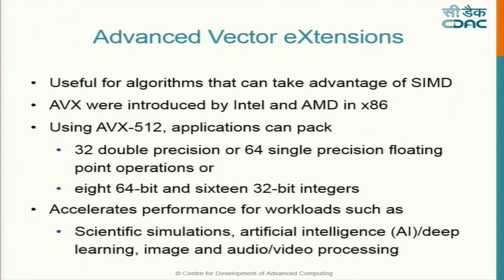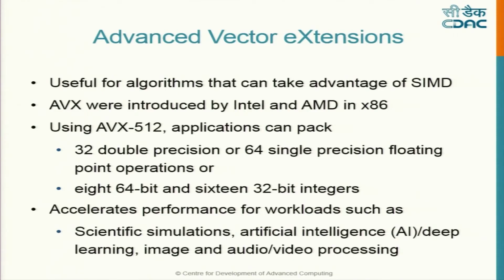Now comes this important thing called advanced vector instructions. These are instructions inside the CPU. Intel processors can have it. CUDA is what introduced this, but now Intel also has it. It takes advantage of single instruction multiple data. They were introduced by Intel and AMD in the x86 processors.